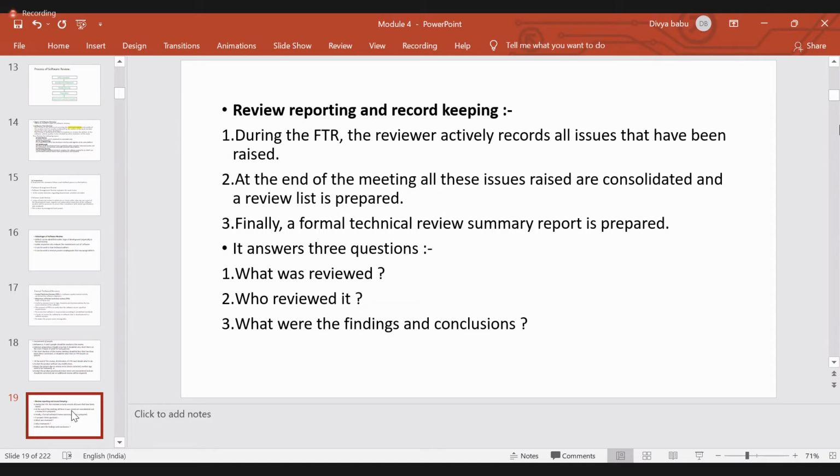In the summary report, you have to answer all the questions: who reviewed it, what you reviewed, what your findings are, and what the conclusion is. Everything you have to clearly mention in the final report.